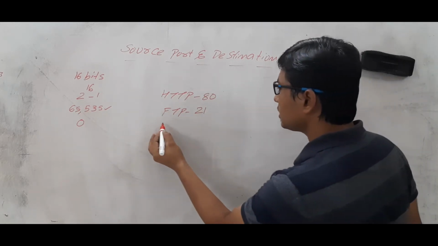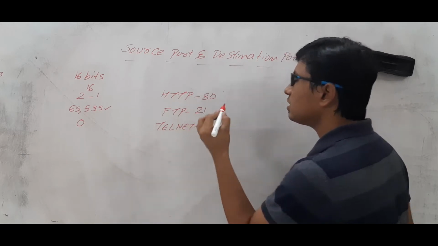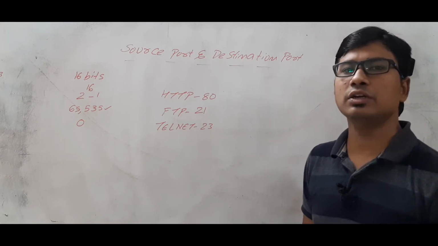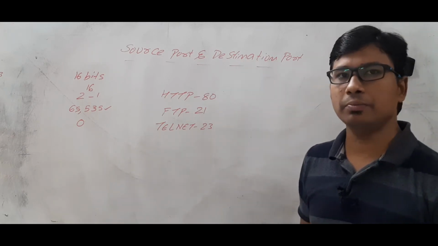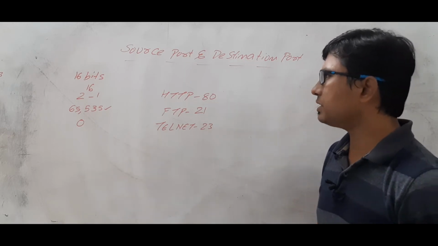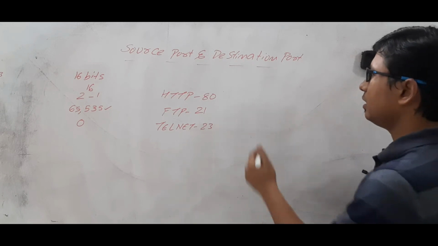If you are using Telnet, then it should be 23. So these are the standard values. You keep these values in the destination port number, and the data will be transferred to the destination port.